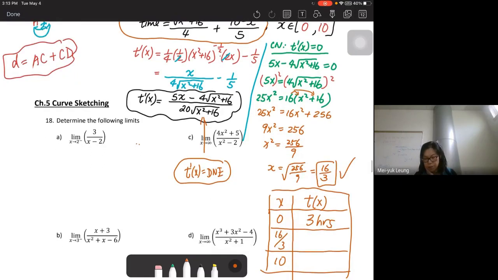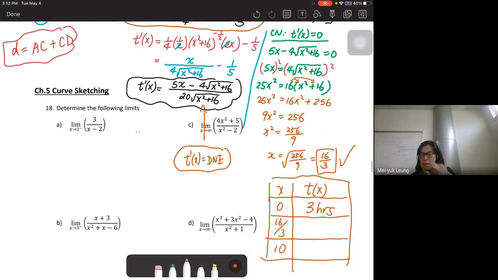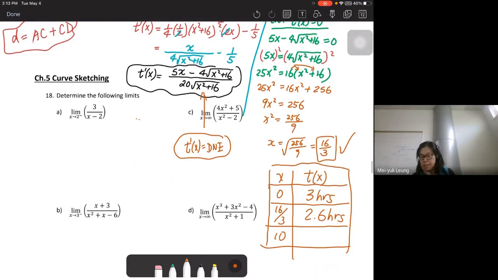Okay, and do the same thing when x is 16 over 3. Then the time for this one would be 2.6 hours. When x is 10, then it takes 2.69 hours.